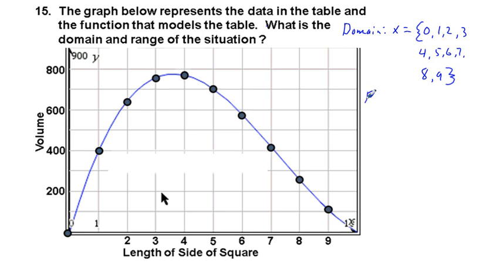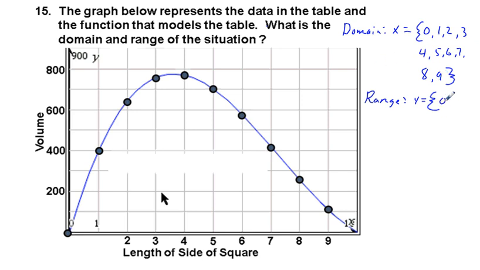So our range is going to be the corresponding y values. So we'll say y is equal to, I'm going to put this notation here. Now, for this one, the y values are simply the values in the table.